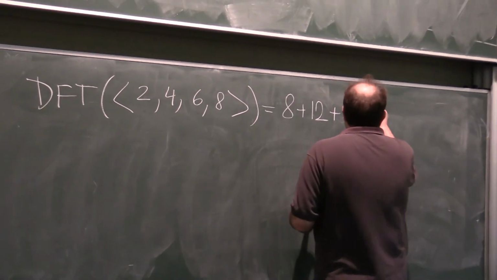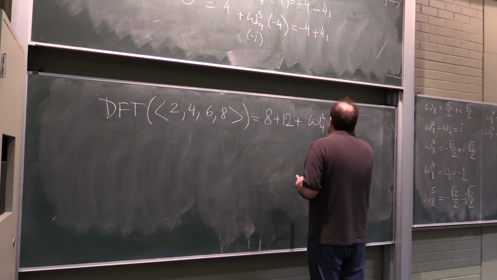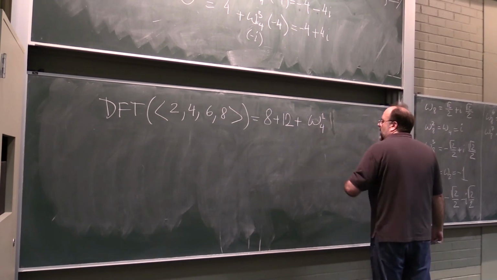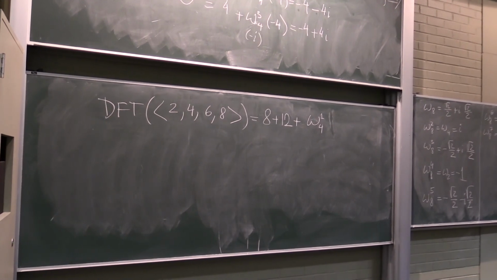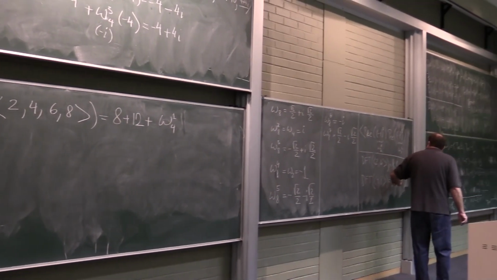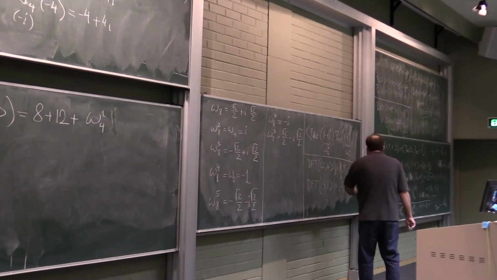So it will be omega 4 to the first power times, so it is 8 plus 12, that will be 20, and we have minus 4 plus i times this.